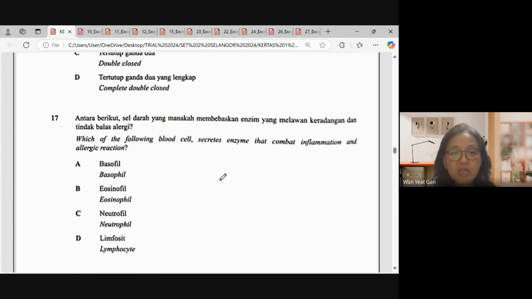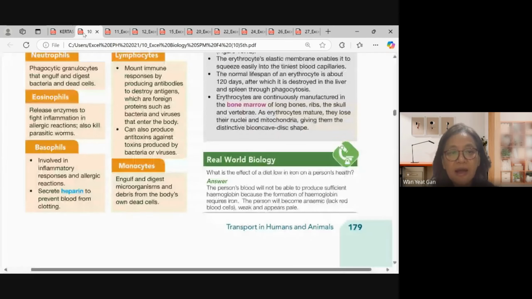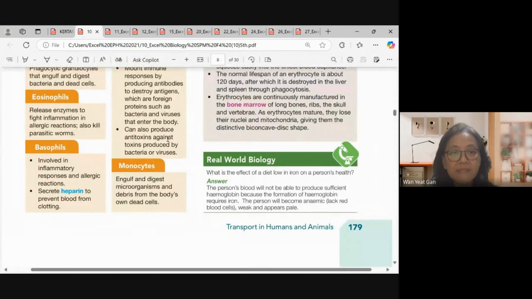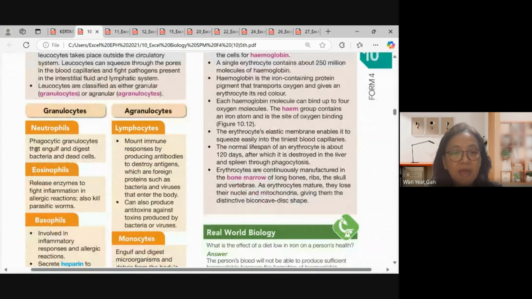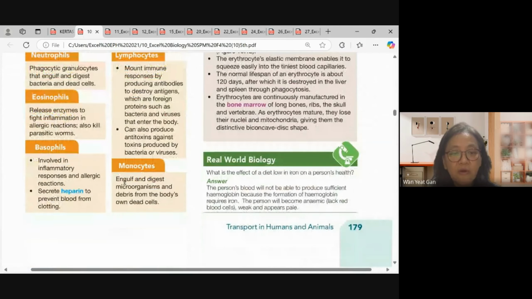Okay, question 17. Which of the following blood cells secrete enzymes that combat inflammation and allergic reaction? Okay, let's look at the 5 types of white blood cell. Neutrophil is involved in phagocytosis. Monocyte is also involved in phagocytosis. Eosinophil releases enzyme to fight inflammation and allergic reaction.